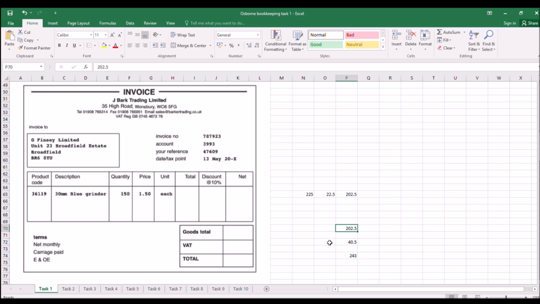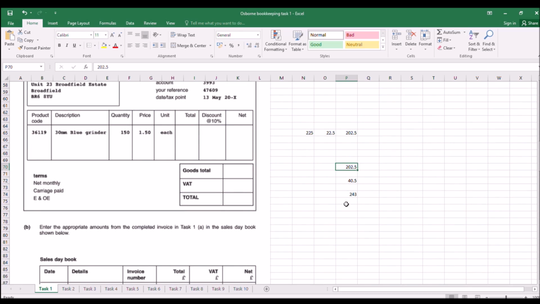We hand the sales figure over to our shareholders, that's what they want to take out of the business, and HM Revenue and Customs get the £40.50.